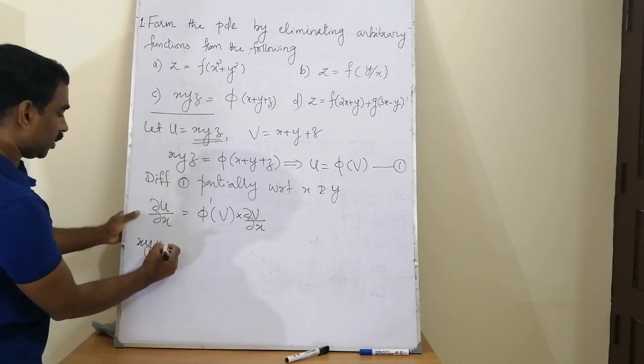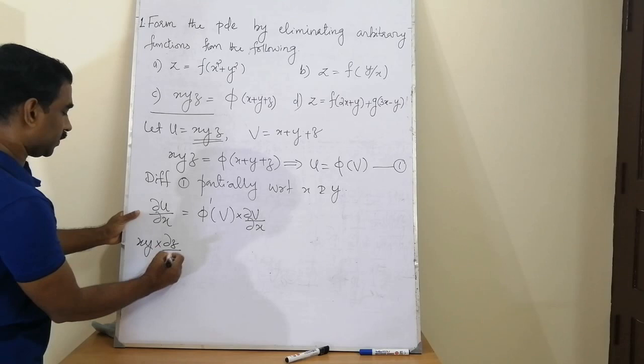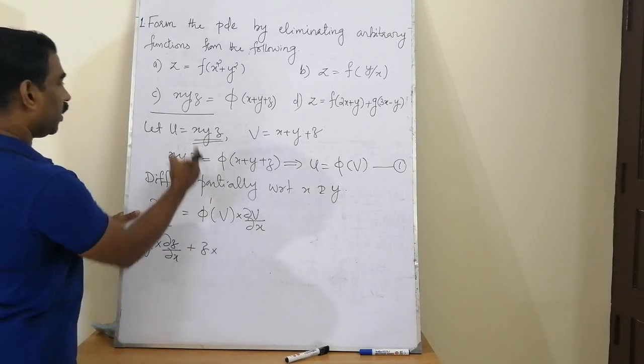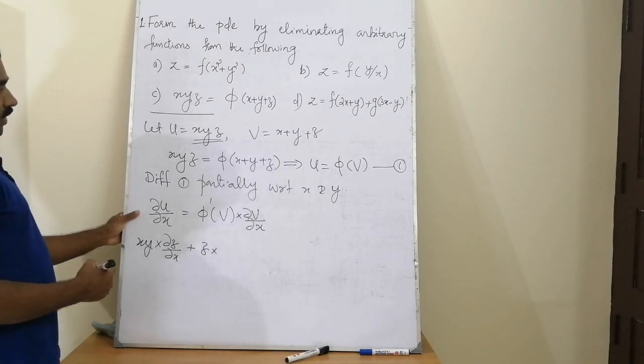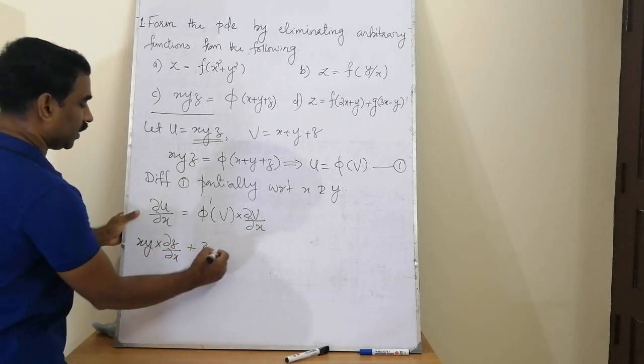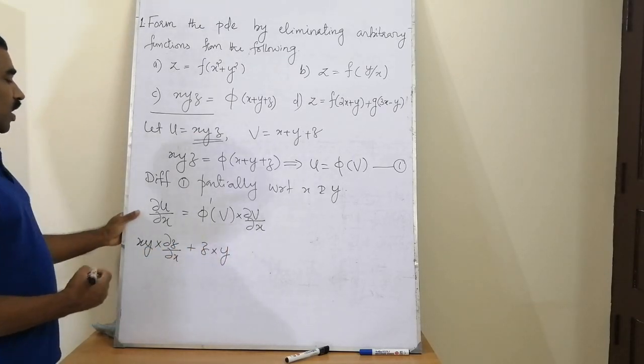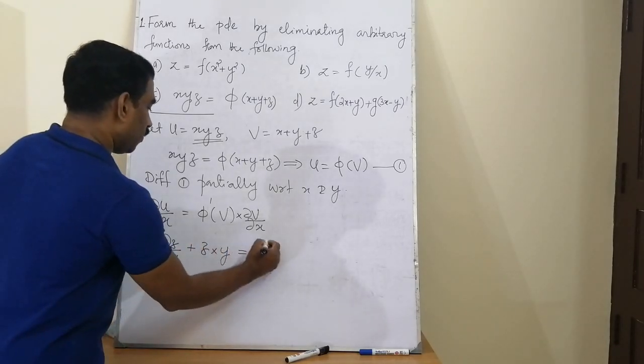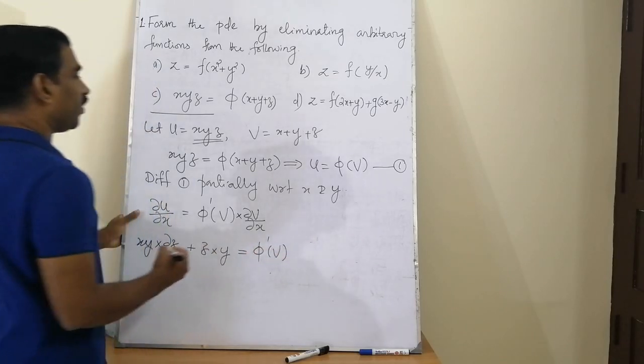What is the derivative of z with respect to x? Notation dou z by dou x plus z into derivative of that xy part with respect to x. Derivative of xy with respect to x is y only. So we have applied product rule, is equal to phi dash of v into dou v by dou x.